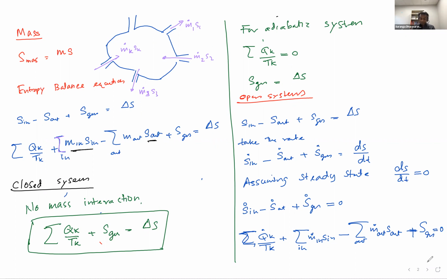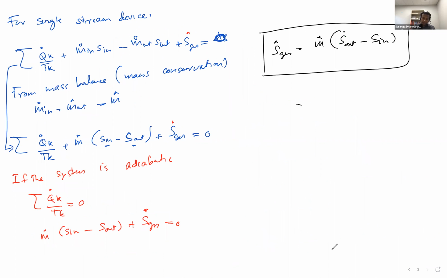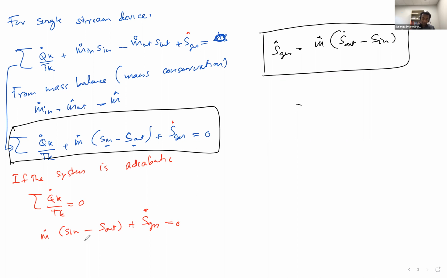Then we reduced the equation to an adiabatic closed system. Then we got the rate form of the equation for open systems, and simplified that equation for a single stream steady state device by using mass conservation. We can reduce that equation to this, and going forward, for an adiabatic process that equation holds.